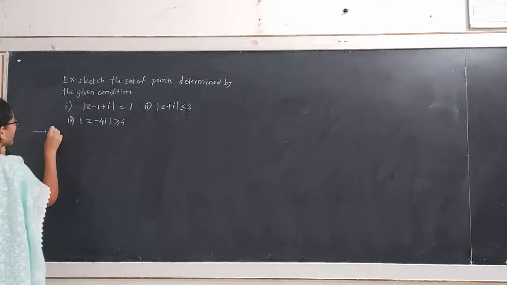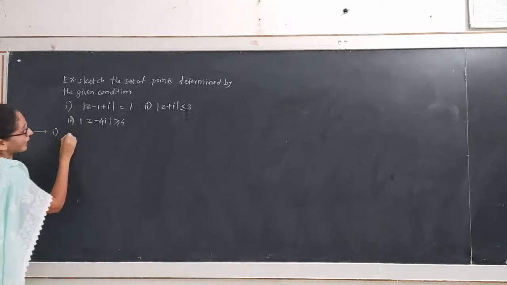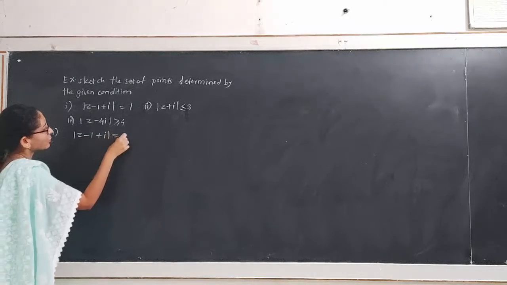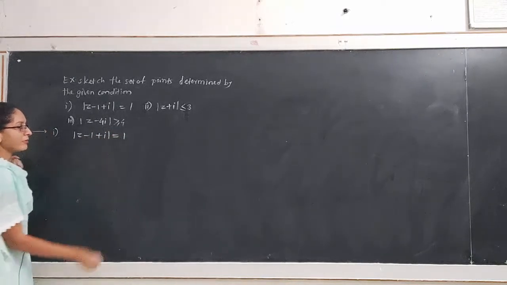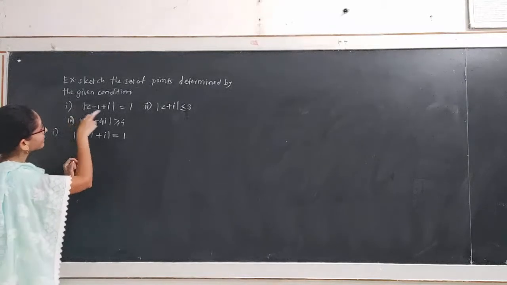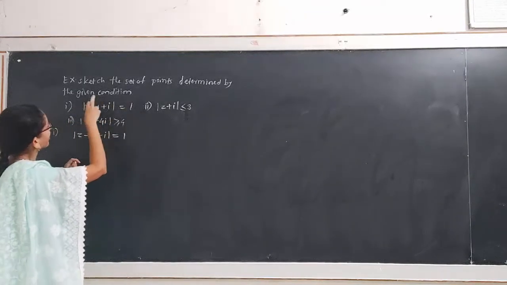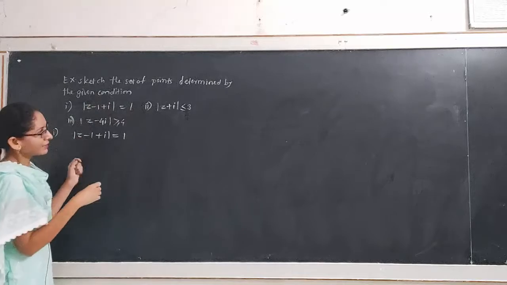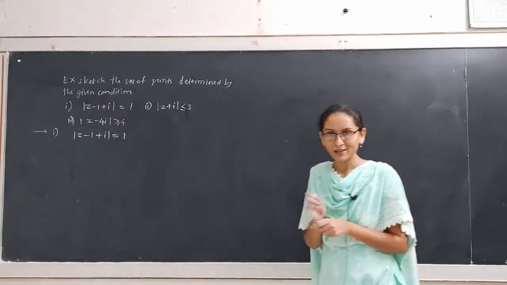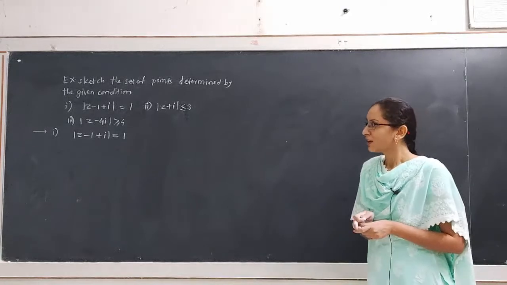In the first example, we are given mod of z minus 1 plus i is equal to 1. We have to represent this set in the complex plane. What is meant by the complex plane? The plane containing the x-axis and imaginary axis.